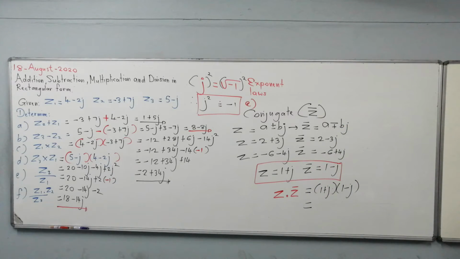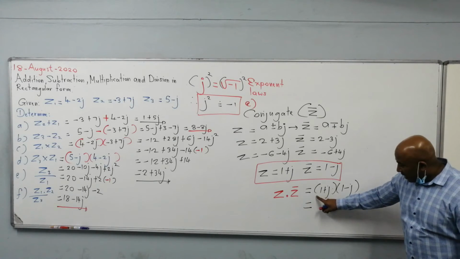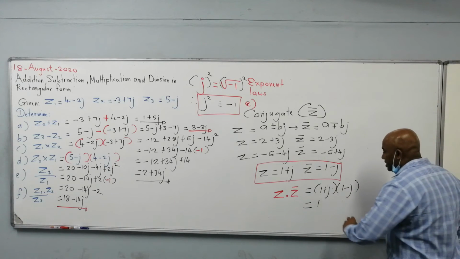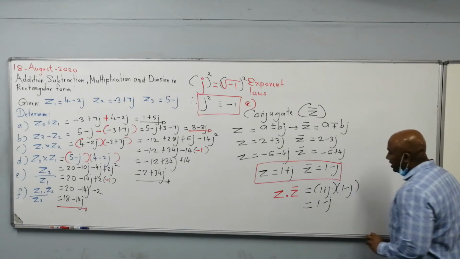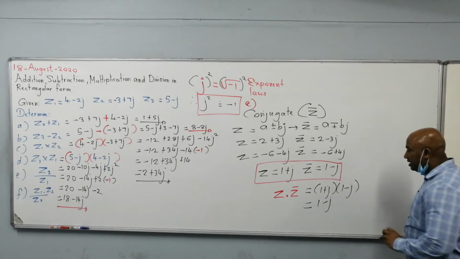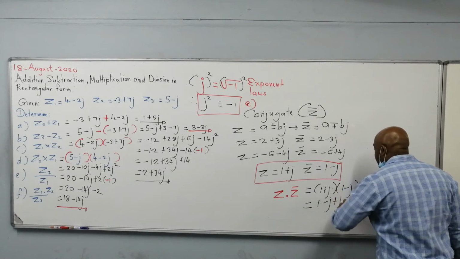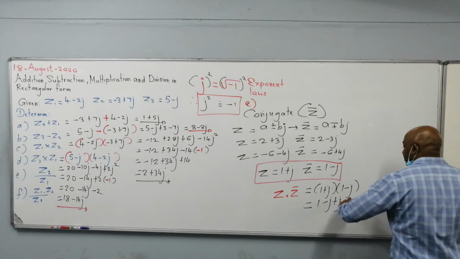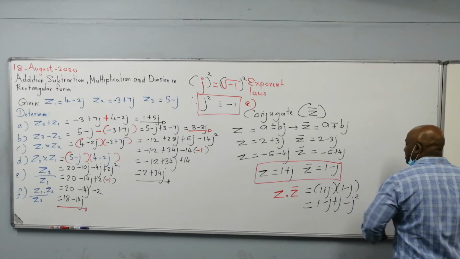Multiplied out, we got 1 times 1, which is 1. 1 times minus j is minus j. j times 1 is going to be a positive j. And then j times minus j is going to equal minus j squared.